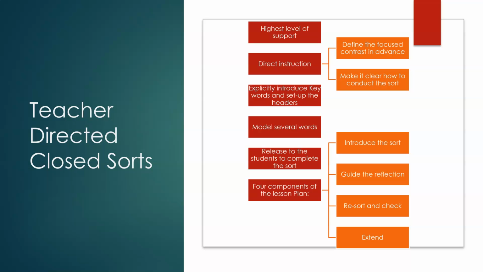You're going to model several words. You're going to release to the students to complete the sort eventually. And then the 4 components of the lesson plan are introduce the sort, guide the reflection, resort and check, and then extend. So those are the 4 components. Again, you may see that on your exam.